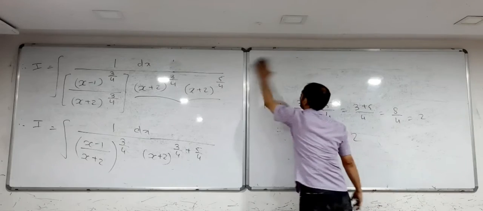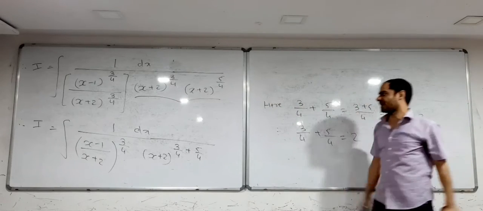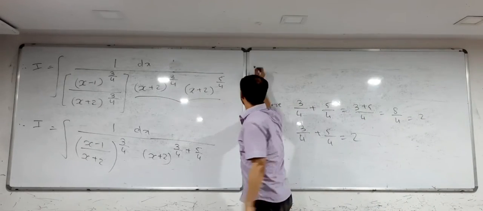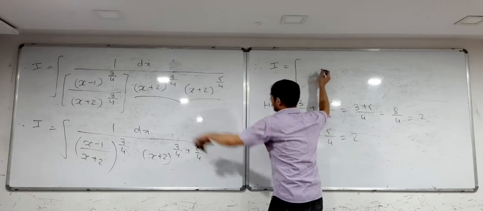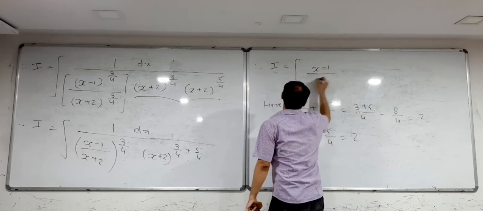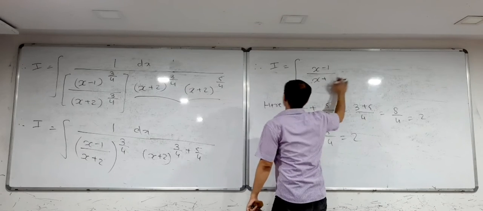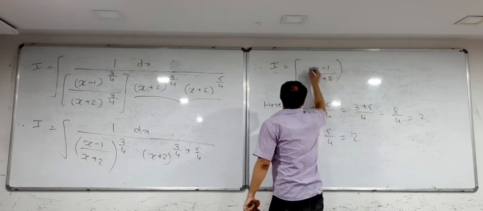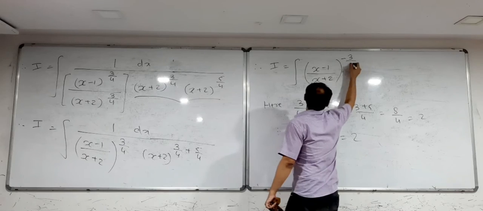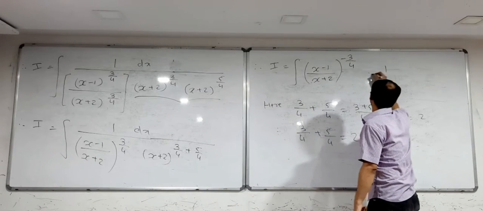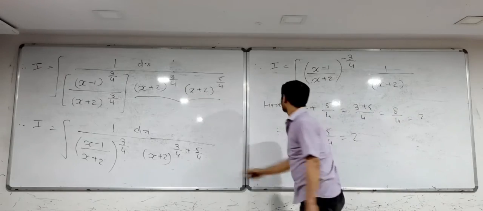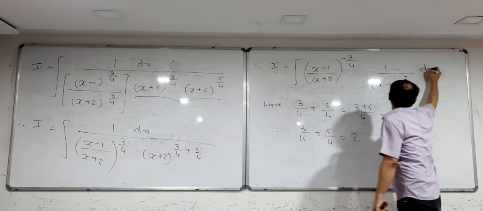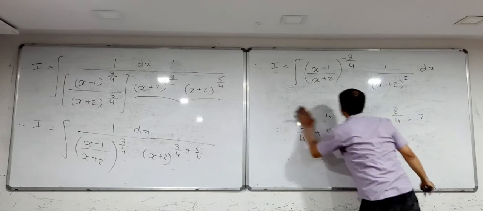You might not understand, but this will now be clear to the majority of students. The power goes up; take the fraction upward. So this will become (x minus 1 upon x plus 2) whole raised to minus 3 by 4, into 1 upon (x plus 2) raised to, what will come? What is 3 by 4 plus 5 by 4? dx.